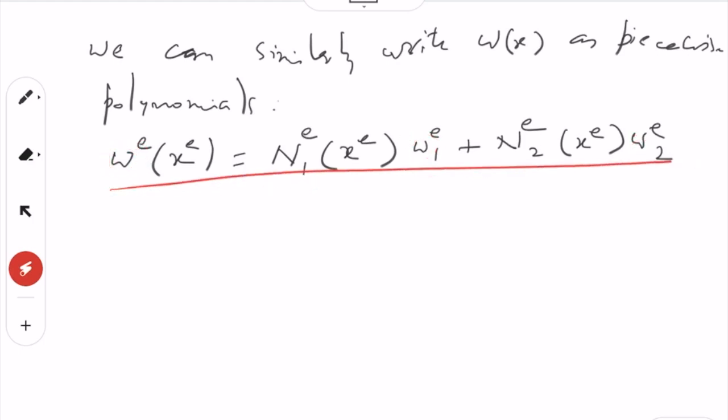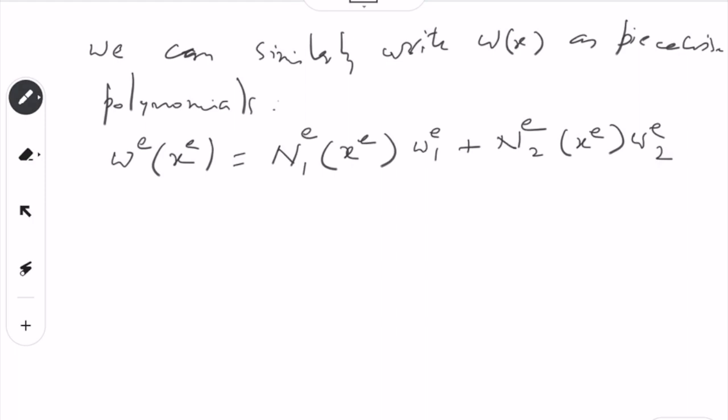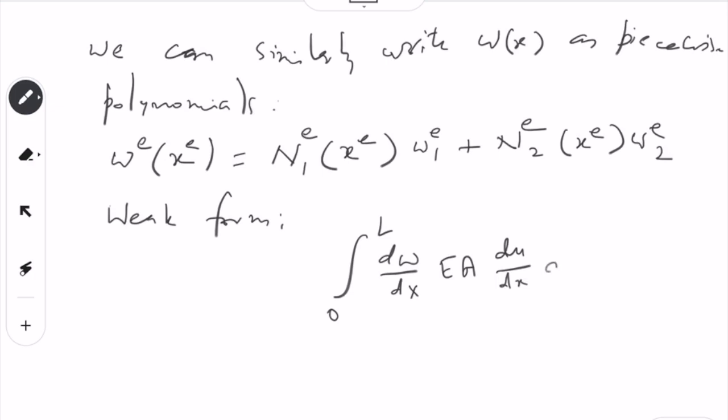We can keep exactly the same expression. And what is the advantage of that? The advantage is, if you take the weak form, what we got was the integral from 0 to L of dw over dx E A du over dx equal to the integral from 0 to L of b w dx.